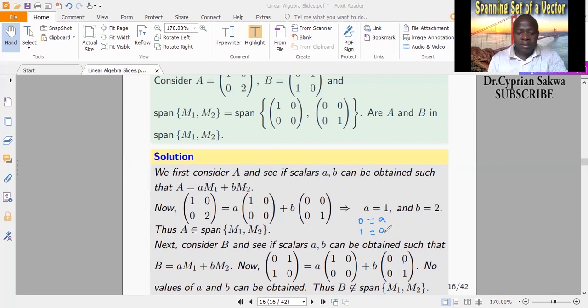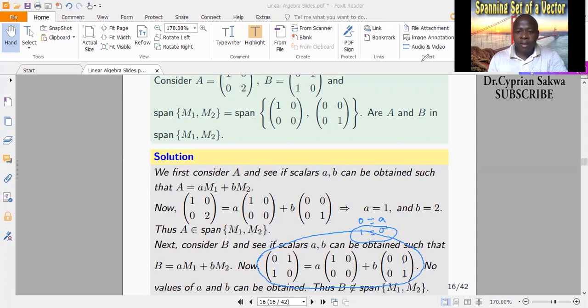So in other words, this system has no solution, because how can we have 1 equal to 0? It's not possible. So we cannot find a and b such that this is satisfied.